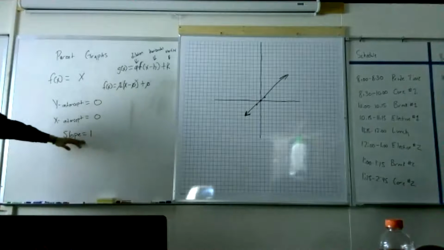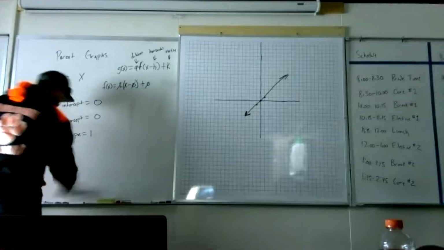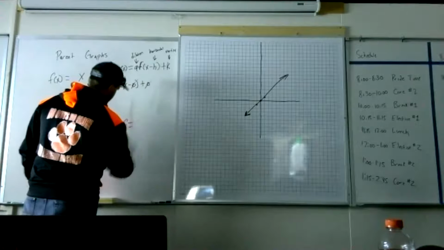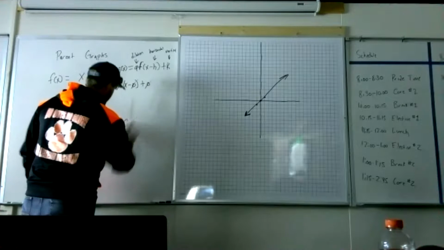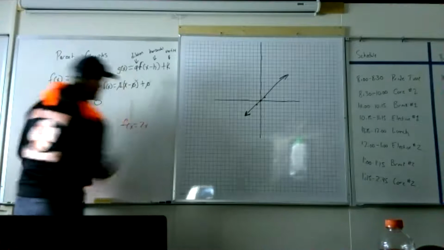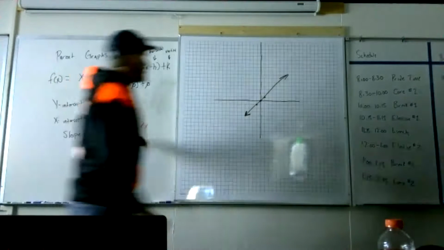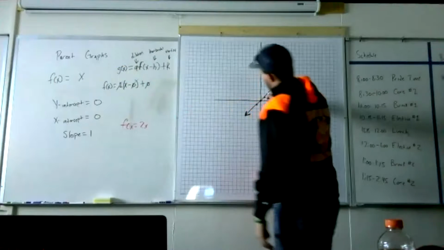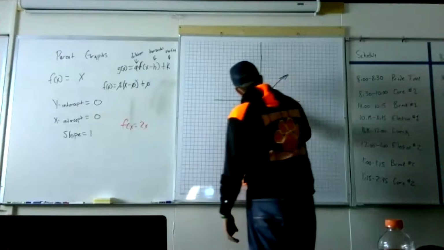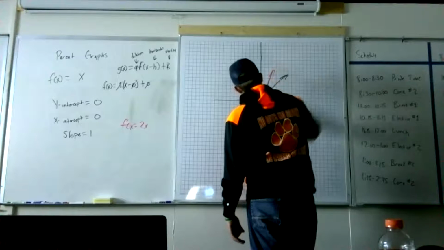So if we were to compare f of x equals x, using a different color, to f of x equals 2x, that's a dilation of 2, so it's stretched up. Our slope has changed. So instead of crossing through the point (1, 1), we're going to cross through the point (1, 2) and (negative 1, negative 2). So our graph has been stretched.